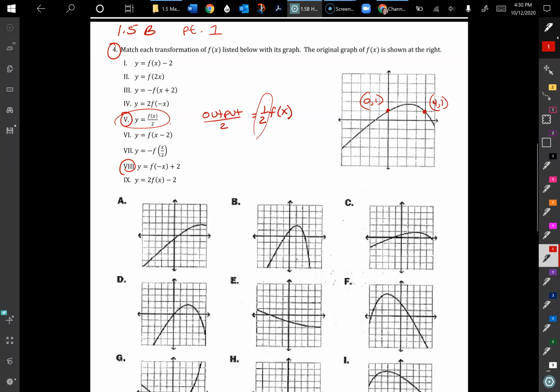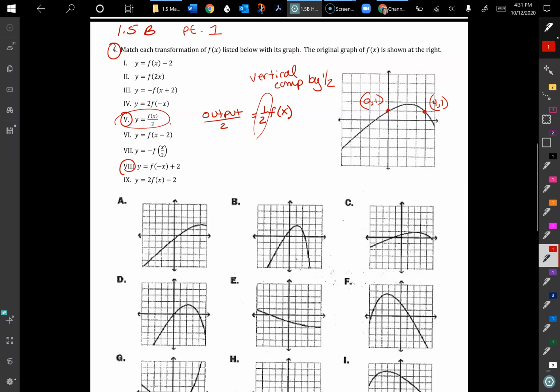Okay, so let's see what happens with any of these. I'm thinking this is a vertical compress by a half.